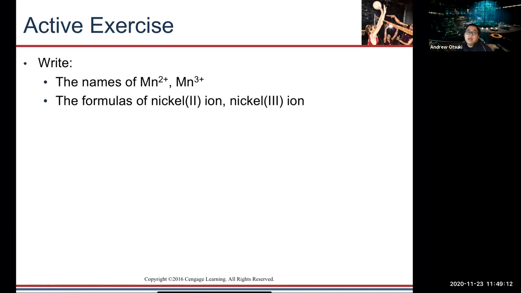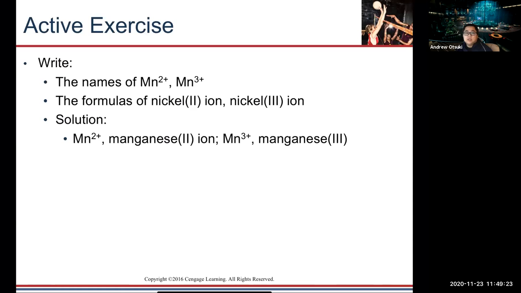And how will we name nickel 2 ion and nickel 3 ion? We're just going to use the parentheses to denote the charge of our ion. So we have manganese parentheses 2 ion, manganese parentheses 3 ion. Then for nickel, it's nickel 2 plus and then nickel 3 plus ion.